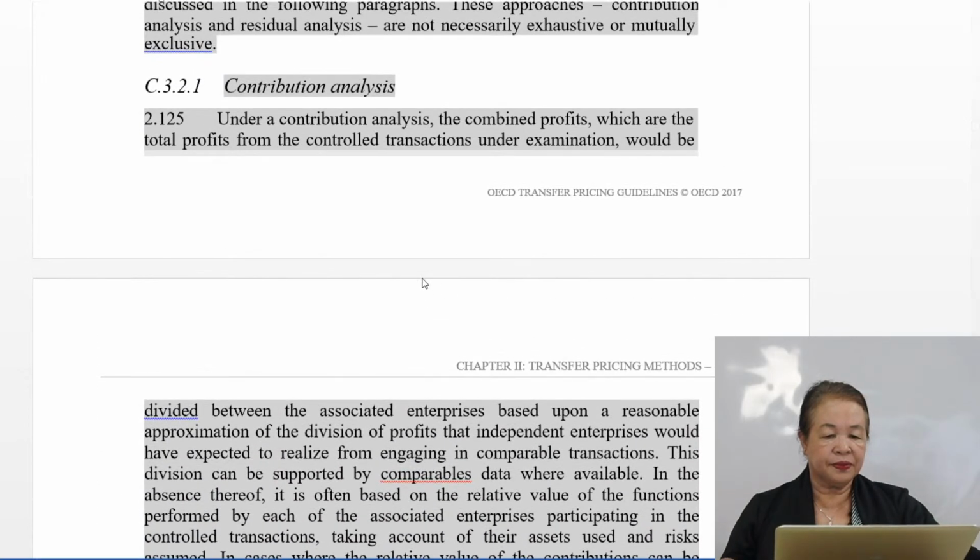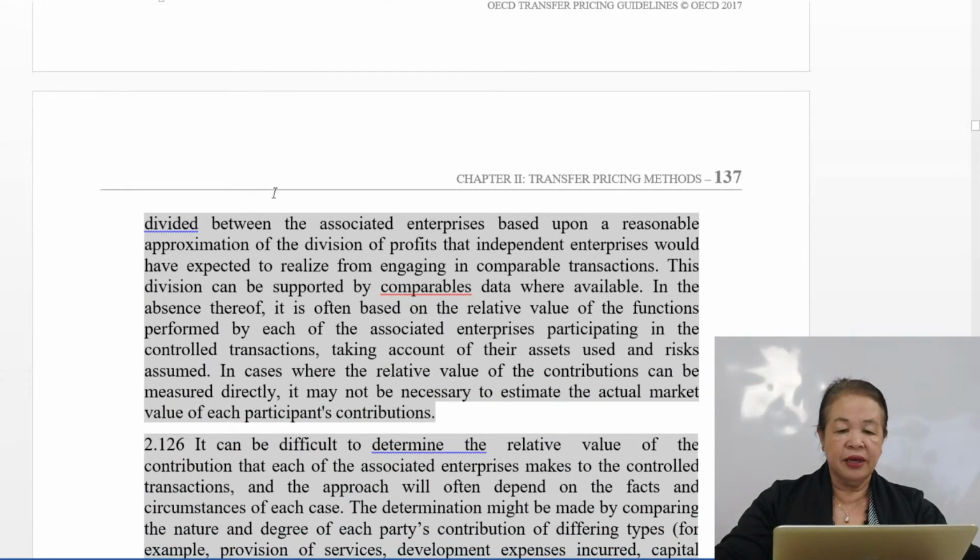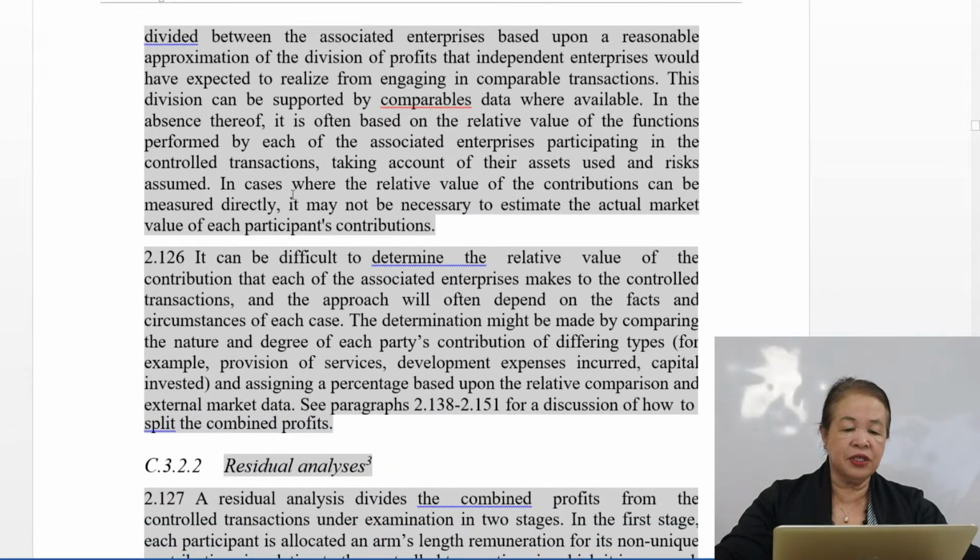Okay. So under a contribution analysis, the combined profits, which are the total profits from the controlled transactions under examination, would be divided between the associated enterprises based upon a reasonable approximation of the division of profits that independent enterprises would have expected to realize from engaging in comparable transactions. This division can be supported by comparables data where available.